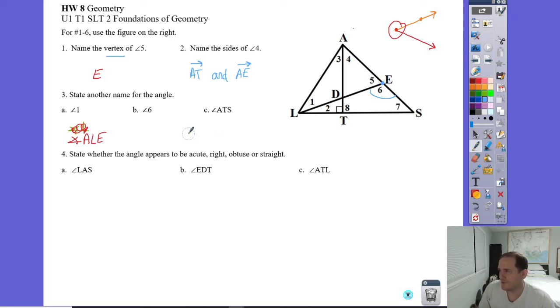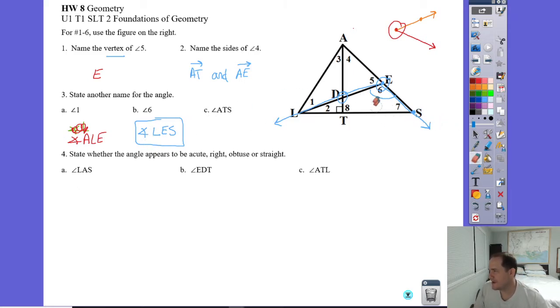So again, to name angle 6, really the only way we can do it is by using points that lie on the rays that form angle 6. So we definitely got to use E, because we always use the vertex and we always put it in the middle. For this ray, the only other point we can see is S, so we have to use S. And then for the other ray, we've got a choice. We can use D or L. So we can either be DES or LES. Let's go with LES. There. So that's another name for angle 6. Angle LES is angle 6.